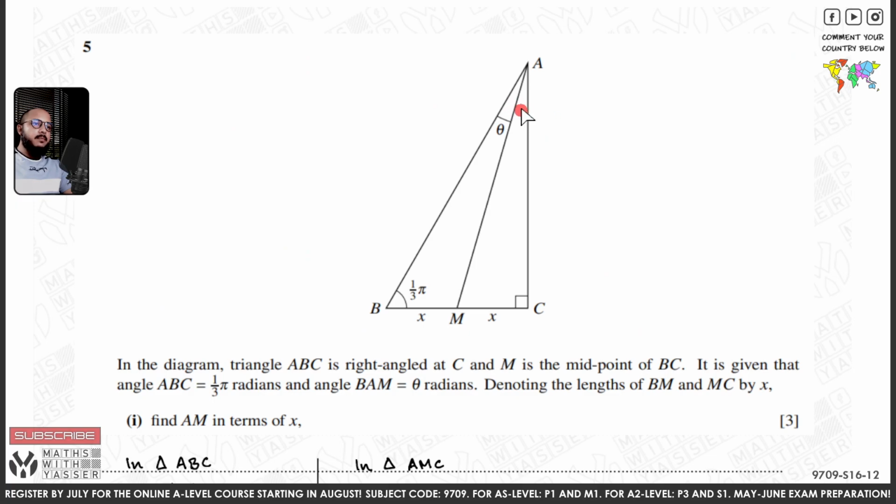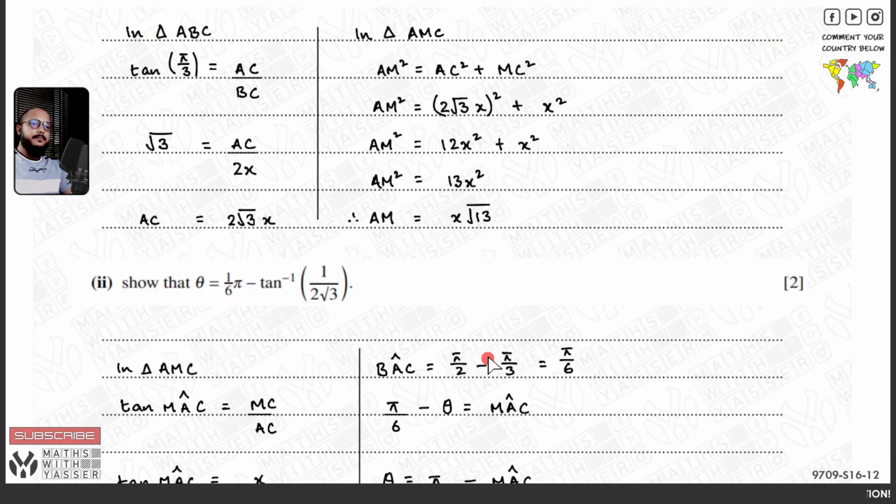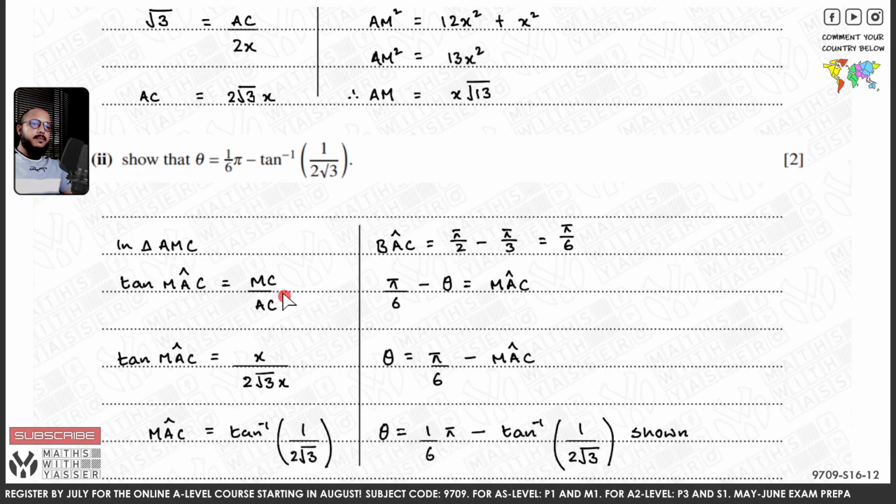Tan MAC must be opposite by adjacent. So MC over AC. MC is x, and we found AC previously. So AC will be 2 root 3x. So angle MAC is tan inverse of 1 over 2 root 3. X and x will cancel out.